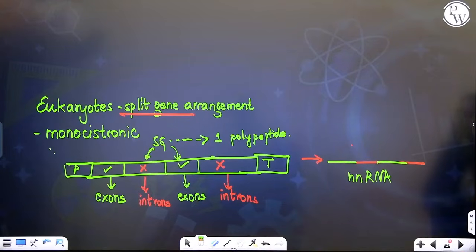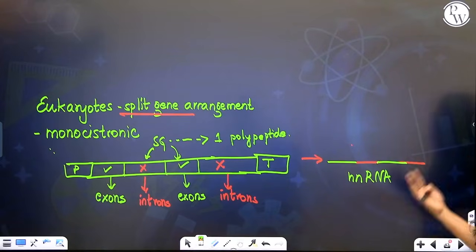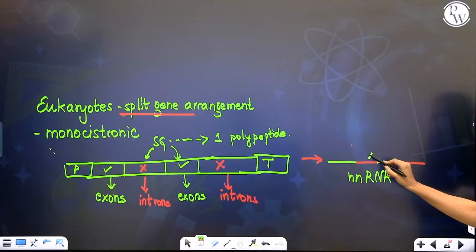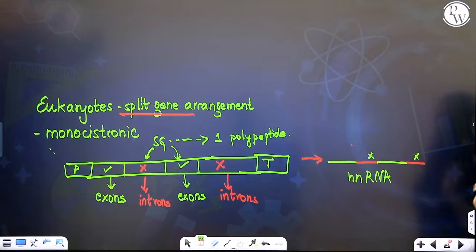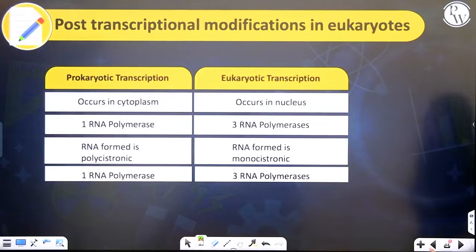So this heterogeneous nuclear RNA has to undergo some modifications before it goes to the ribosome. One modification for sure is that these non-coding sequences have to be removed and the coding sequences have to be joined together. Apart from that, two other things will take place.